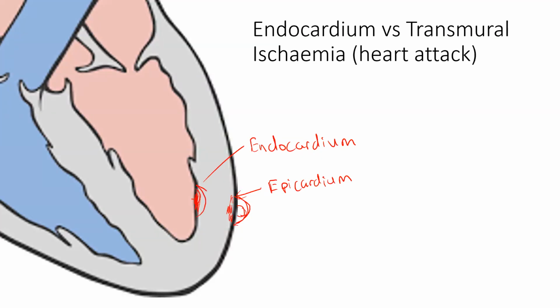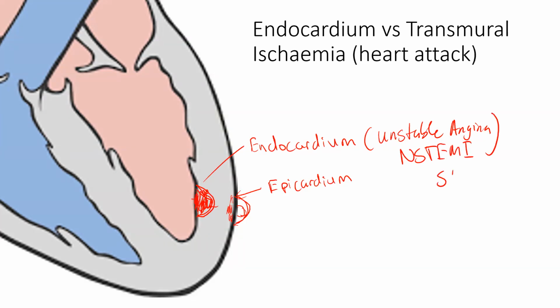So you end up with a localized ischemic area, and this is generally your unstable angina and your NSTEMIs. And this is important because this is why we get our ST depression in our NSTEMI kind of patients.